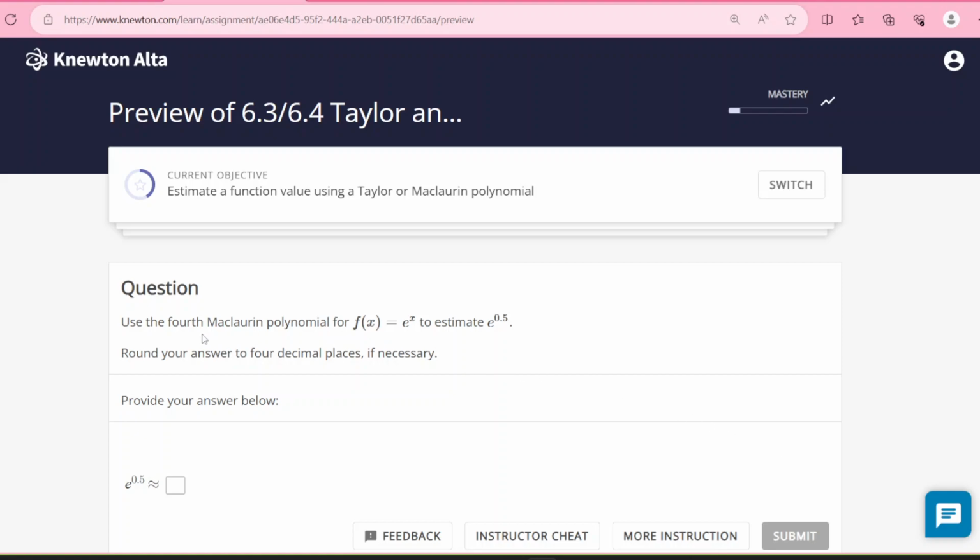All right, so this is very similar. But this time they want the fourth Maclaurin polynomial for f of x equals e to the x. So we're centered at 0 again to estimate the square root of e, right? E to the half power, e to the 0.5.